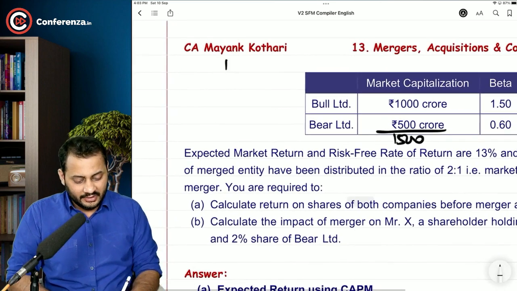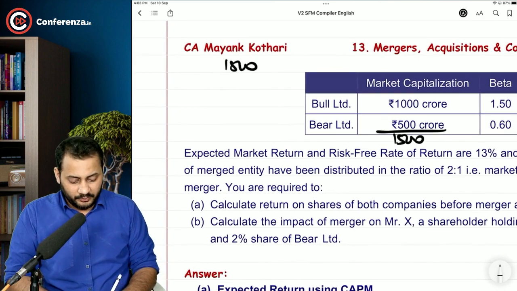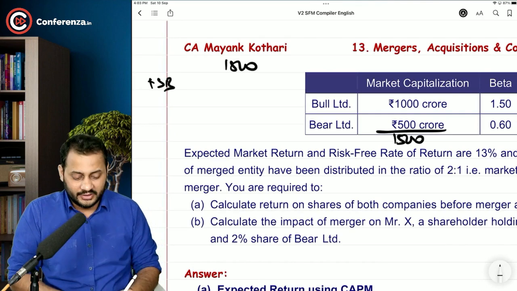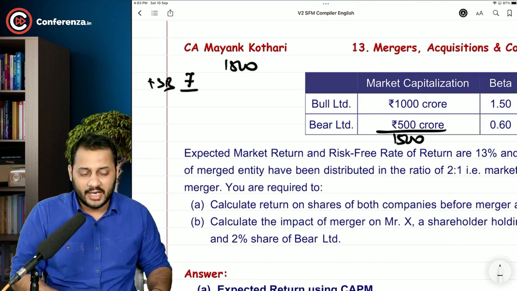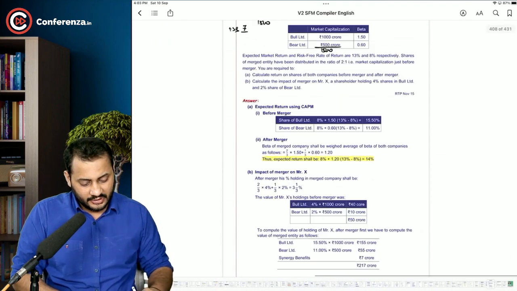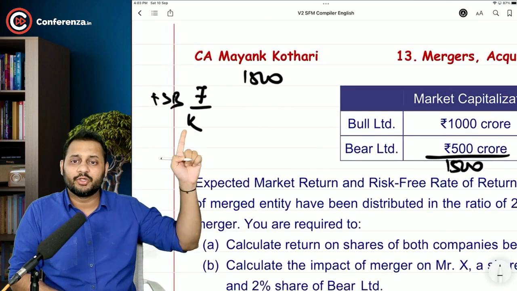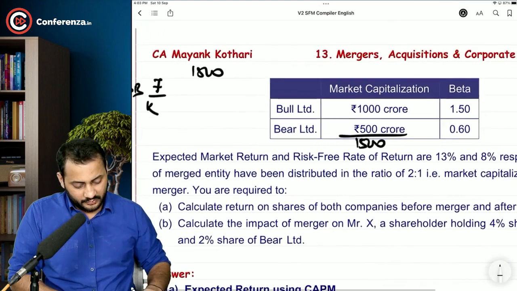The combined entity will have a market value of 1500 crore plus synergy benefit. And the synergy benefit will be calculated as annual cash flows or earnings, which is 7 crore, divided by the cost of capital. So we are going to capitalize that, whatever will be the cost of capital.